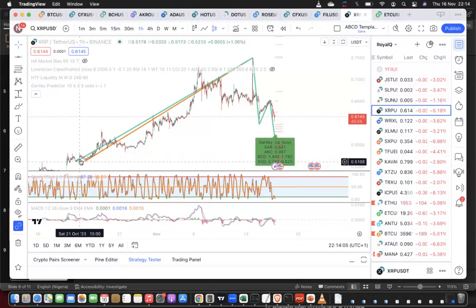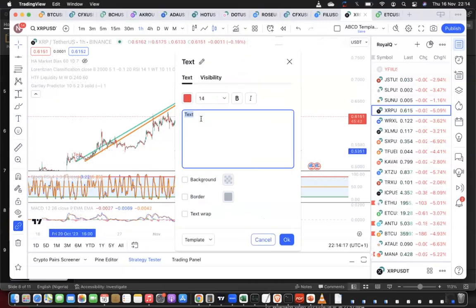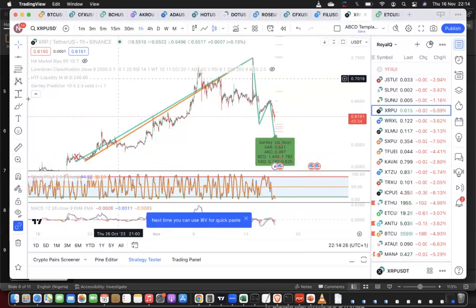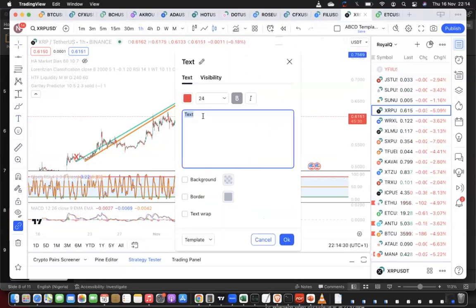So this is point X. If I'm going to start putting alphabets and all of that here, let's say this is point X. I'm going to make it bold and larger, so you see that's point X. Then I'm going to make this here point A. I'm just trying to make it more exciting.